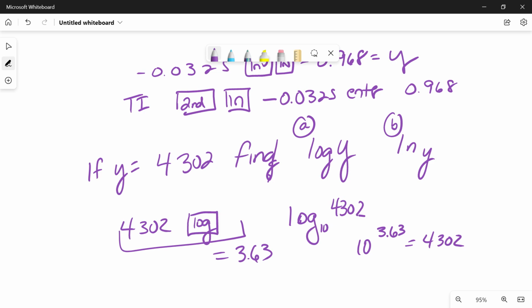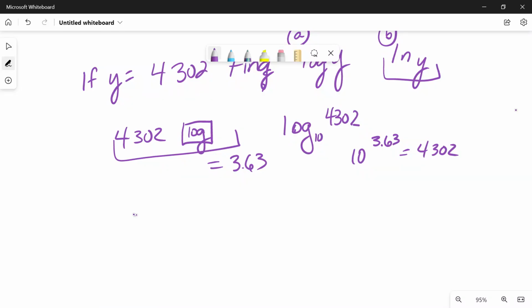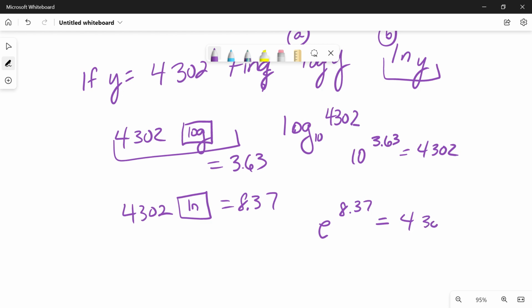All right, let's look at the natural log of y. I'm going to key in 4,302, hit the log natural key, and I'm going to get 8.37. That's telling us that e raised to the 8.37 equals 4,302.